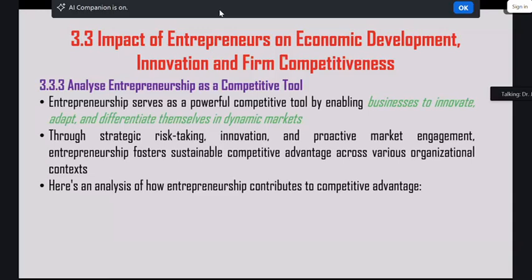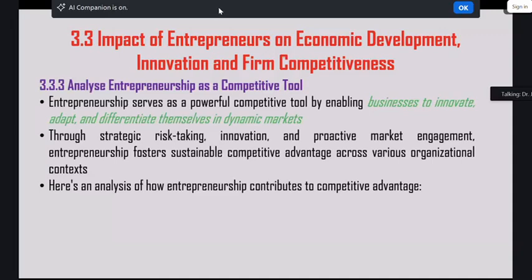Entrepreneurship always serves as a powerful competitive tool by enabling businesses to innovate, adapt, and differentiate themselves in dynamic markets, because it is much more associated with innovation and creativity, which always differentiate a product of one undertaking from a product of another, or a service offered by one undertaking from those offered by another.